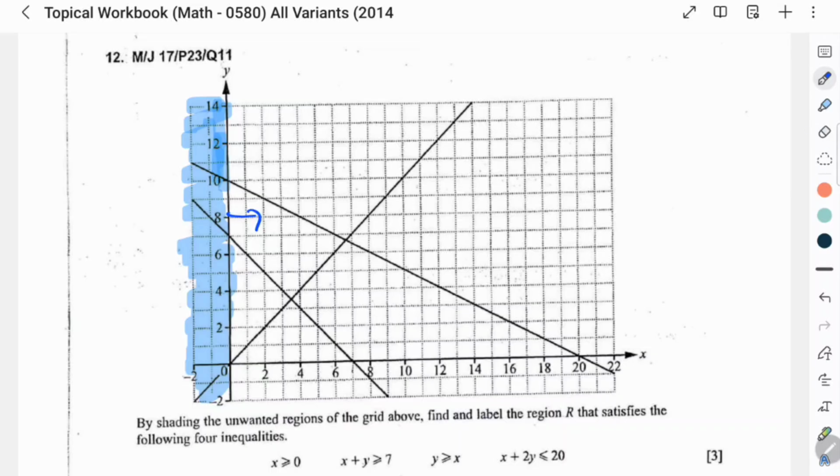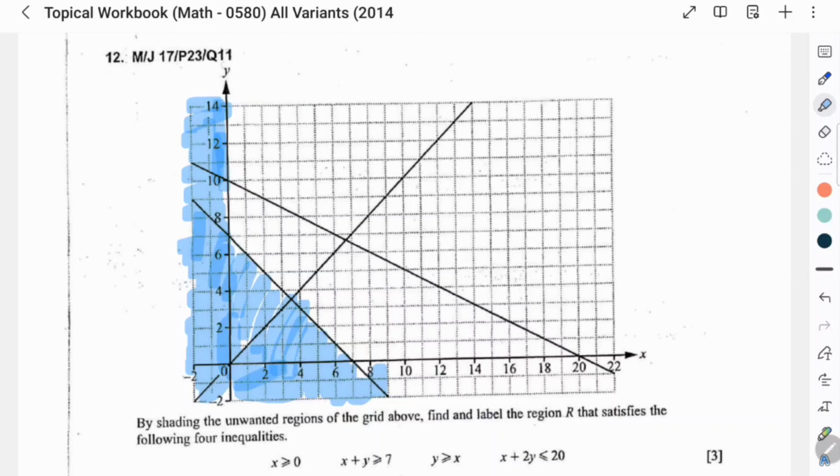Okay, now the next one is x plus y is greater than or equal to 7. The line where the y-intercept is 7. This is the line they're talking about. So x plus y is greater than or equal to 7, so we'll shade below the line. Now the next inequality is y is greater than or equal to x.